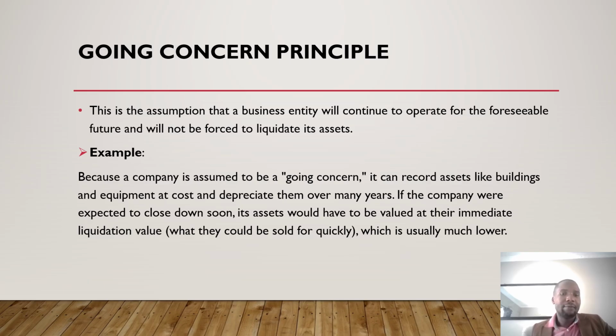Because a company is assumed to be a going concern, it can record assets like buildings and equipment at cost and depreciate them over many years, since you are assuming that the company will continue operating. So if the company were expected to close down soon, its assets would now have to be valued at the immediate liquidation value.